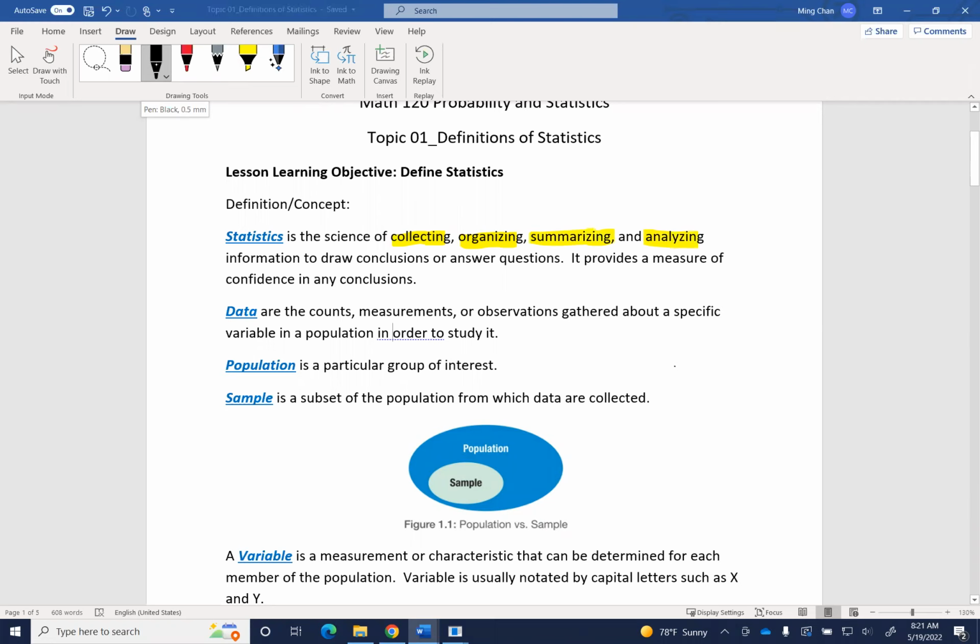So we propose a question, then we need to collect, organize, summarize, and analyze this information in order to answer the question that we propose. So by going through collecting, organizing, summarizing, analyzing, it provides a measure of confidence in any sort of conclusions that we draw when we answer the questions.